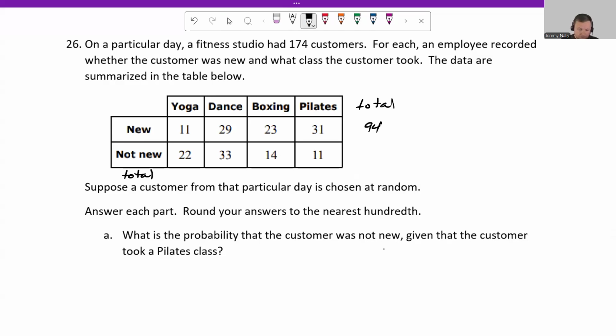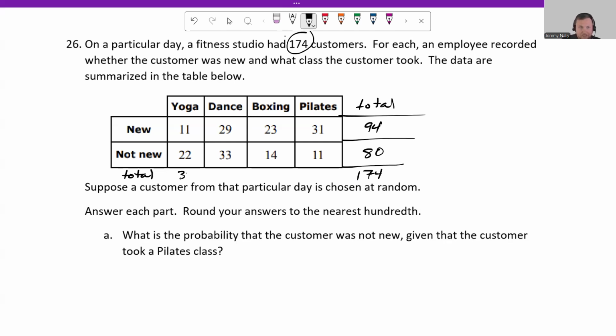So 94, 80. And then I can see that these add up to 174. So then that makes sense. I would certainly hope so.